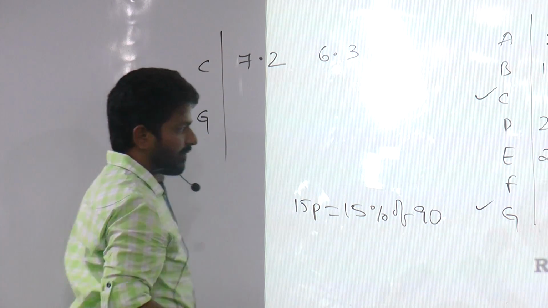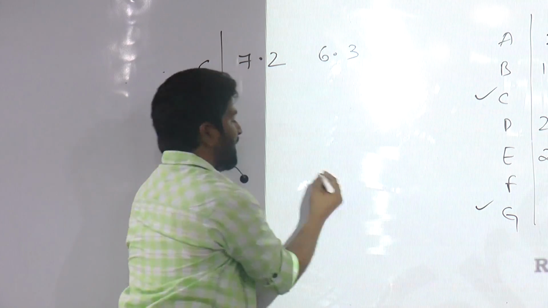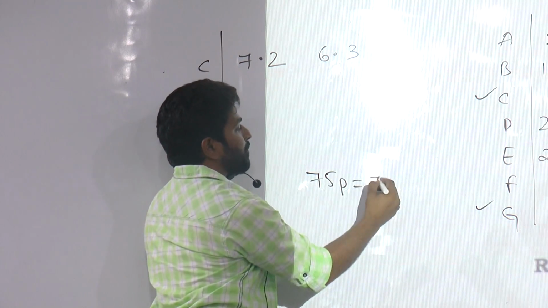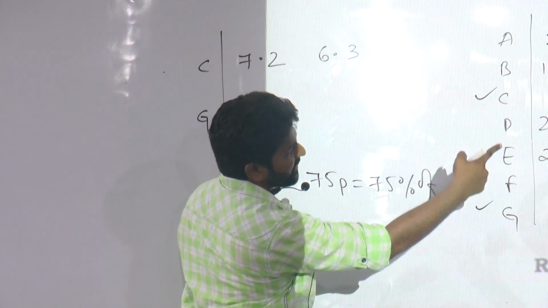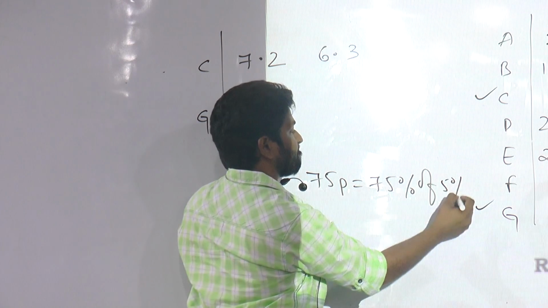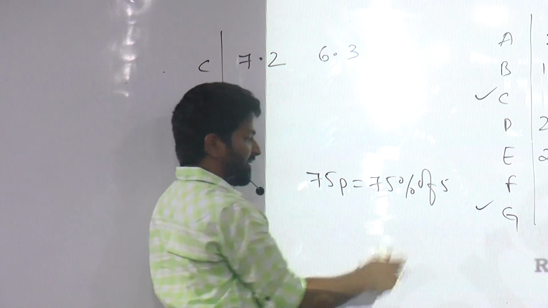And from G, total we have 75 parts. 75 parts is equal to 75% of G, which is 5%. Yeah, 5 lakhs I can say.